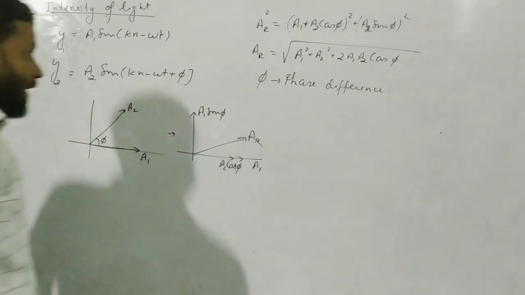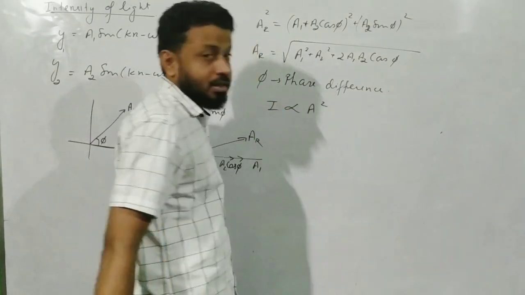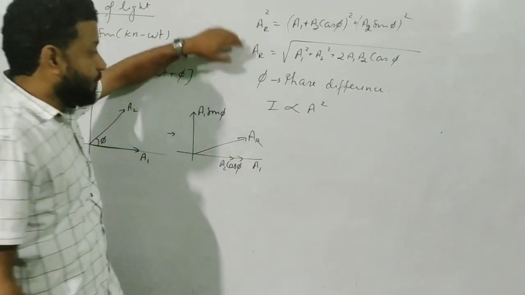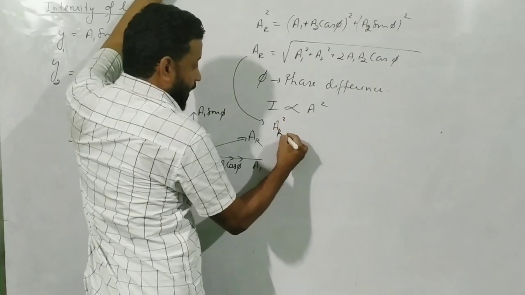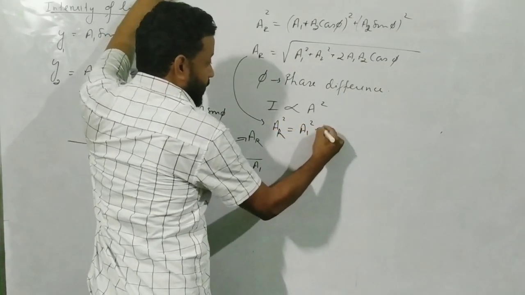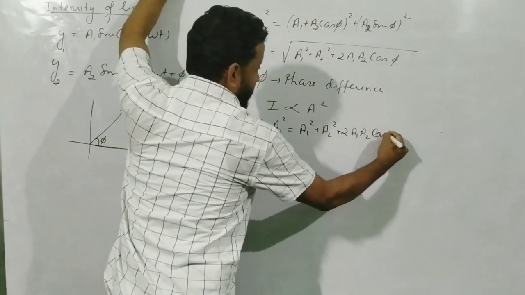We also know that intensity is proportional to amplitude square, again from class 10. So if I write this formula again without the square root, I will write like this: A1 square plus A2 square plus 2A1 A2 cos phi.